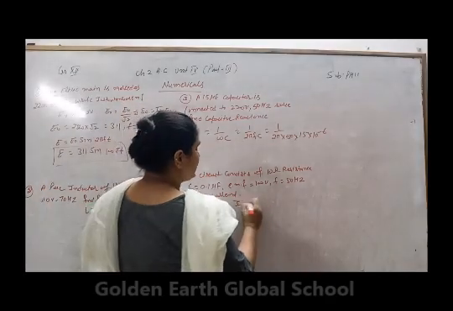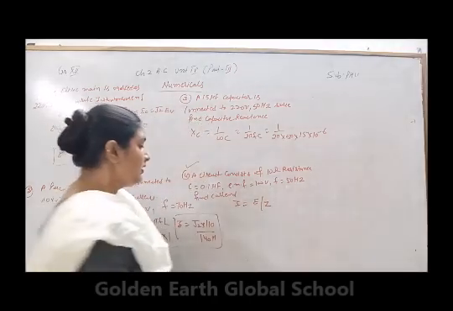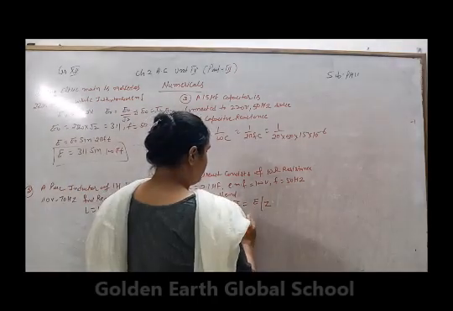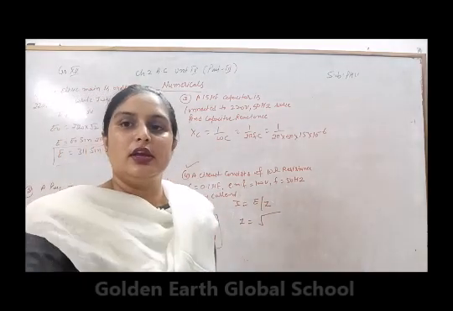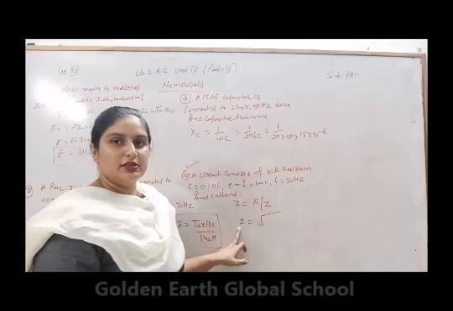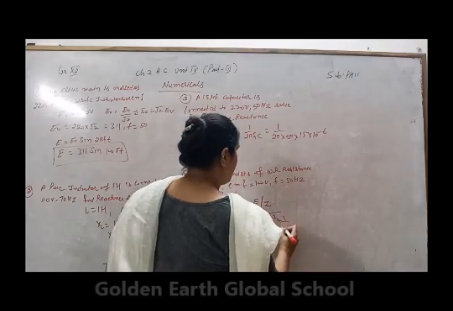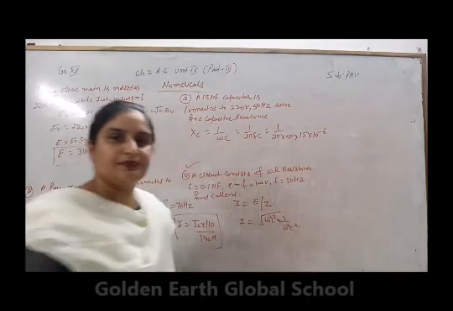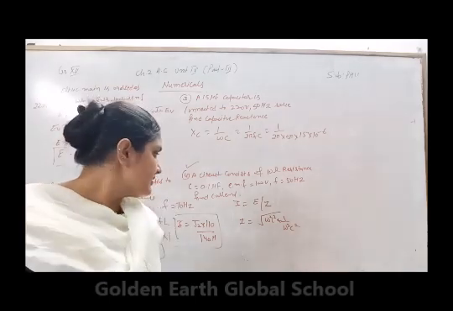In the CR series circuit, current is given by E upon Z, where Z is, as we have done, Z is equal to under root of omega square L square plus 1 upon omega square C square.